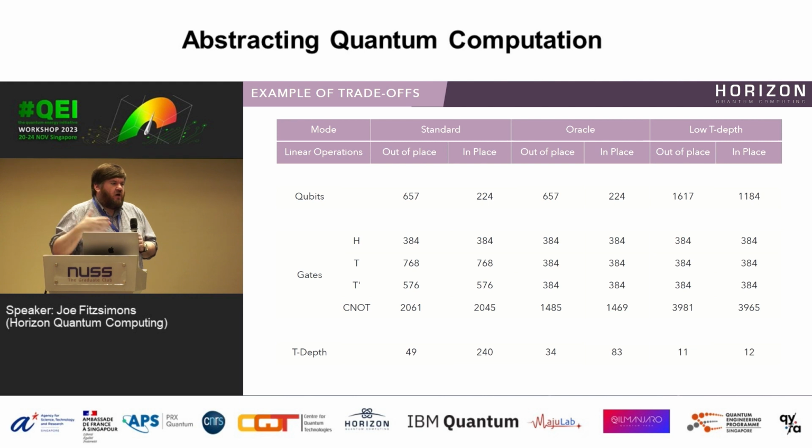Depending on the options we use through the compiler, because we're using different constructions for each one, there is no best one in an overall sense. If I measure which one uses the fewest qubits, I get a different answer to which one has the lowest T depth. If I ask which uses the fewest CNOT gates or fewest T gates, I'm going to get different answers for each. So there's no right choice. It depends what you're trying to accomplish.